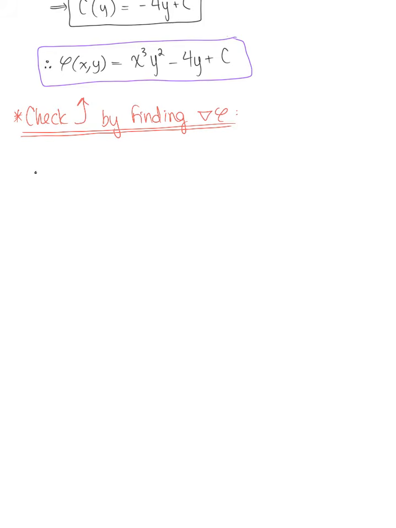So using that potential function, if we take the partial derivative of it with respect to x, this leaves us with 3x squared y squared, and the minus 4y goes to 0, plus c goes to 0. Partial derivative of phi with respect to y leaves us with 2x cubed y minus 4.